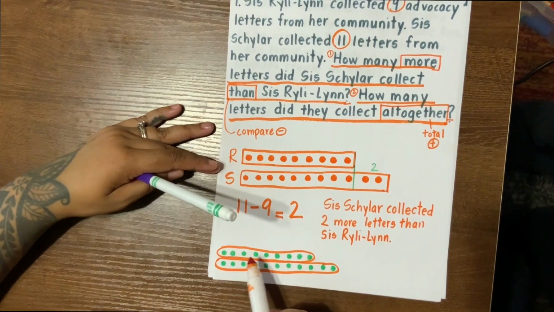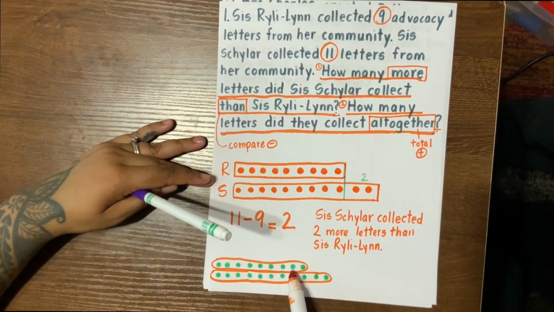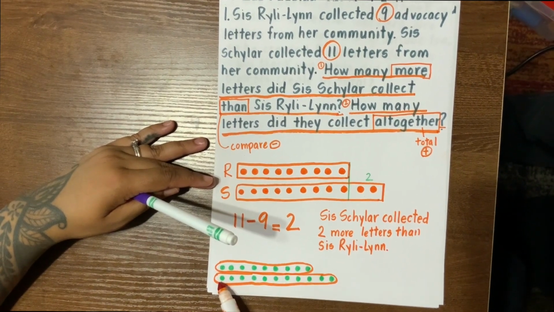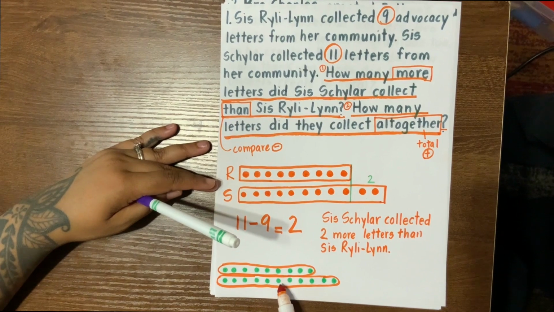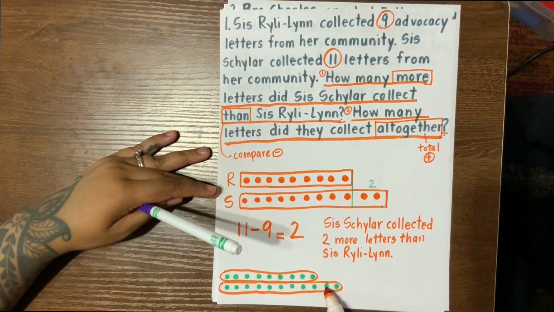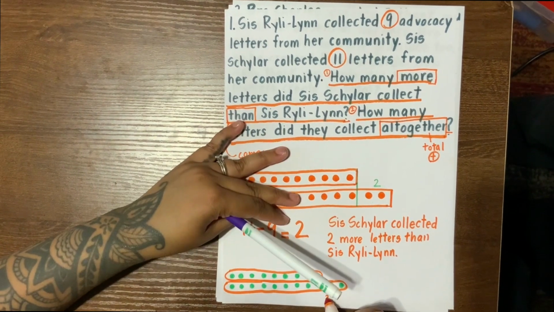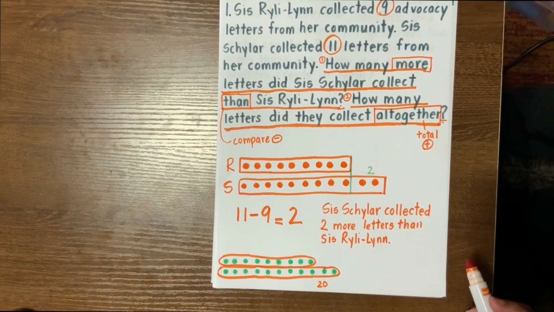1, 2, 3, 4, 5, 6, 7, 8, 9, 10, 11, 12, 13, 14, 15, 16, 17, 18, 19, 20. My total is 20. I can make a note down here. But let's also do a number sentence.